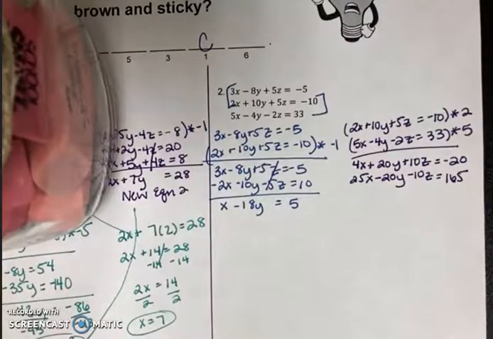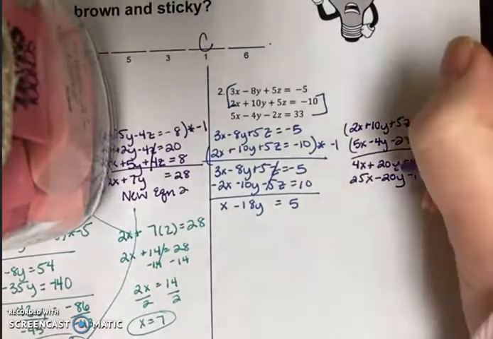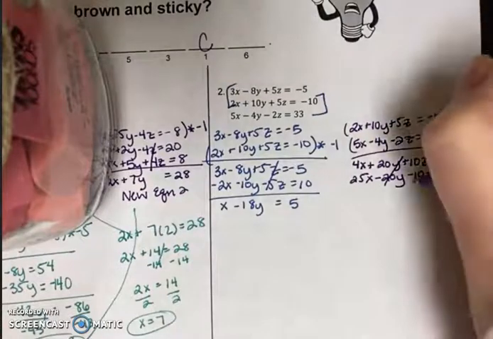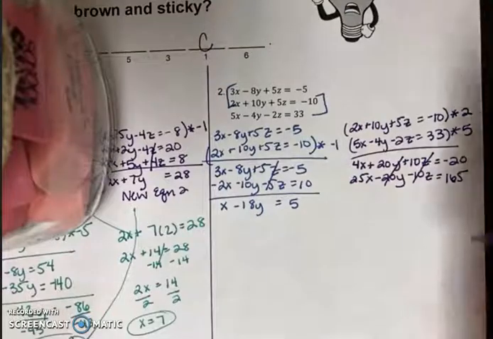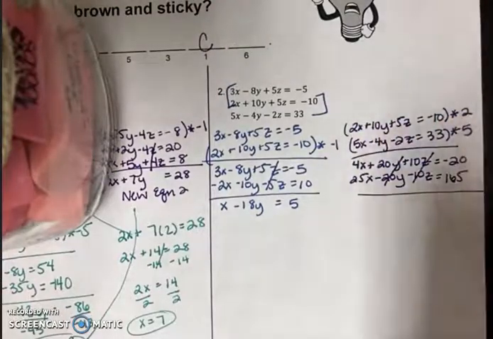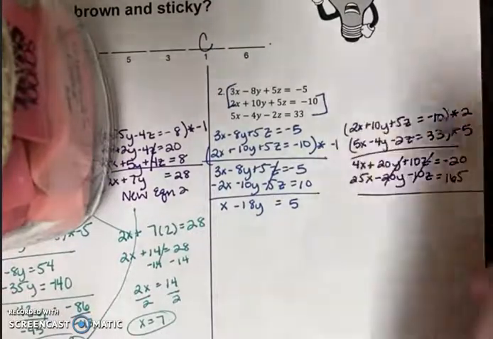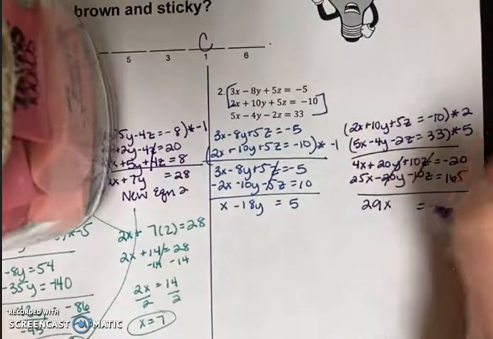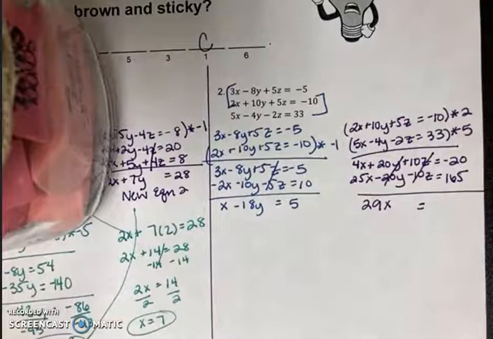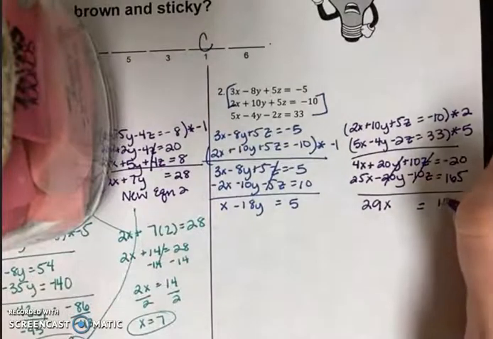Now for this one, notice how the y's cancel and the z's cancel. So my goal was to cancel out the z's, but the y's happen to cancel as well. This is awesome because when I add, I end up with 29x equals negative 20 plus 165, which is 145.